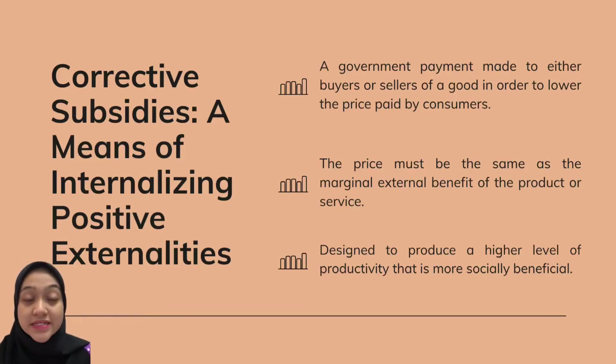The payment must equal the marginal external benefit of the good or service. It is a payment from the government to the producers or consumers of a merit good, or one that creates positive externalities in its production or consumption, meant to achieve a more socially optimal level of output.